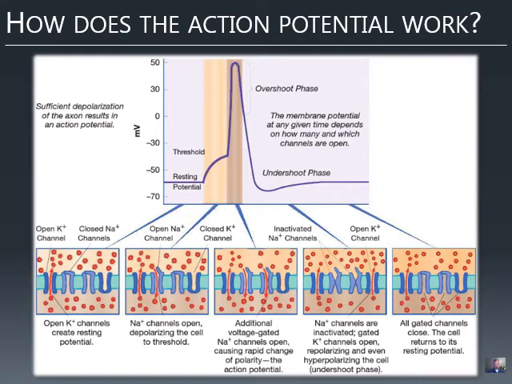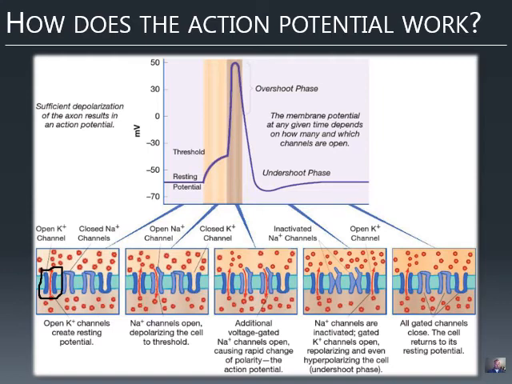And all that's happening then is that these particular potassium channels are open. So they're letting out a little bit of potassium. Remember, potassium is really common inside the neuron, not so much outside, and so potassium tends to move out of the neuron when it can.